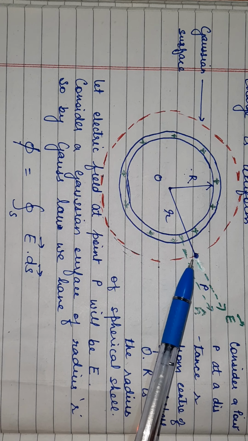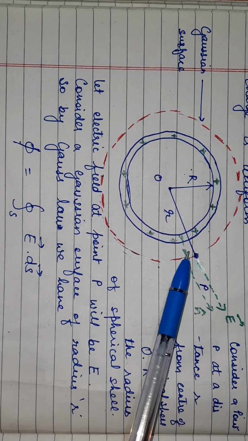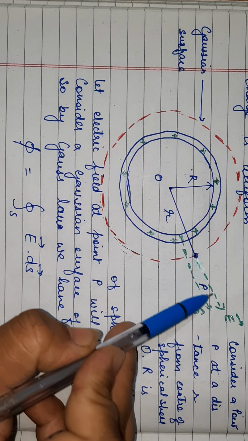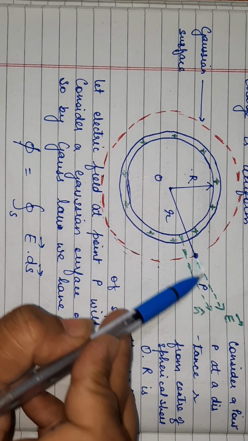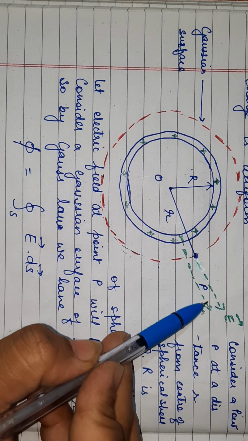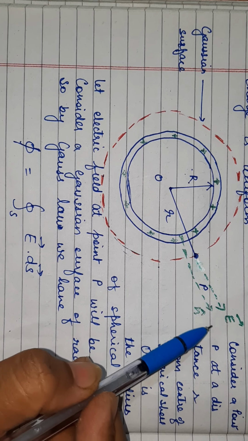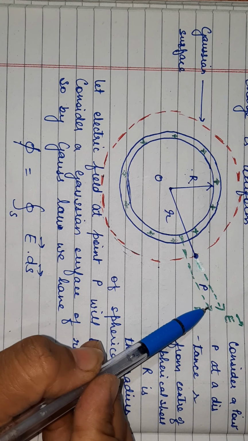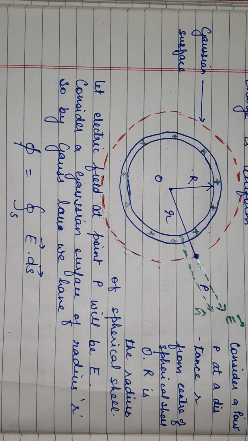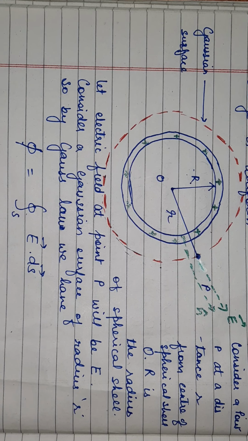So by Gauss law, what will be the flux through this surface? You can see here the electric field will be directed in the outward direction like this, and the area vector is also along the electric field only. So flux will be the surface integral of E dot dS. Now what will be E dot dS?